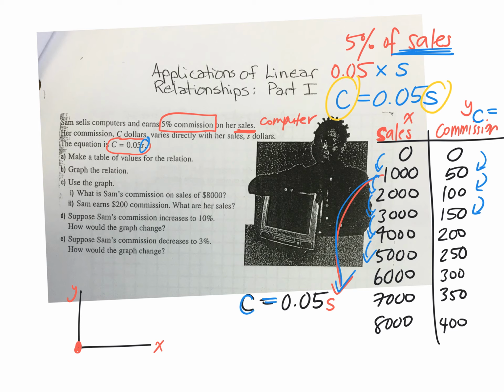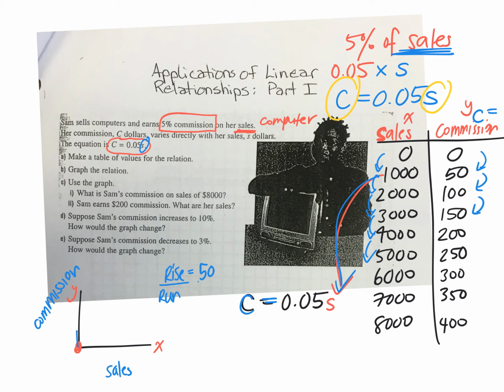What is this going up by? Remember, commission is graphed on the y-axis, and sales is graphed on the x-axis. Every time you increase your sales by 1,000, what does the commission increase by? It goes up by 50.